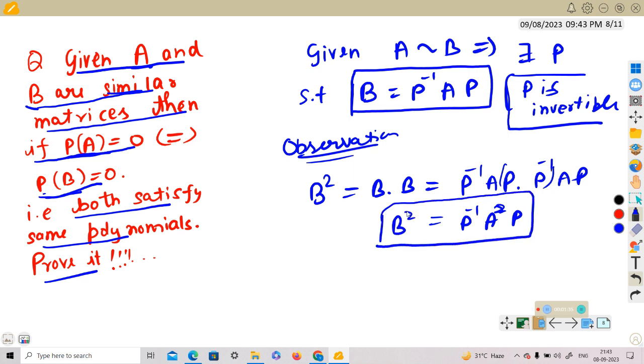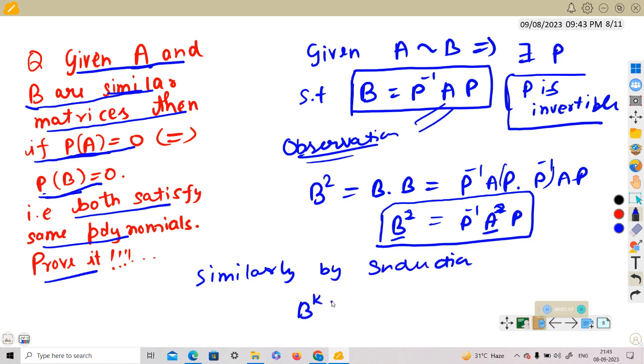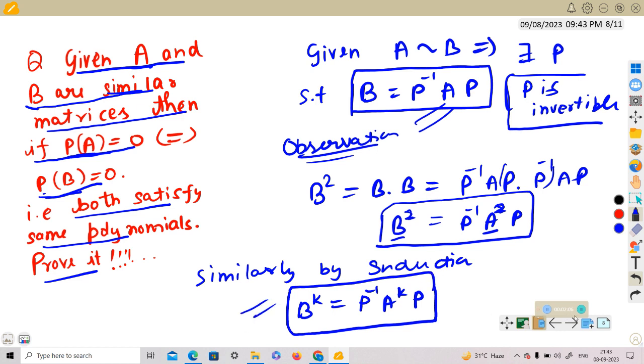So one thing to observe is that the power we take of B will become the power of A here. We have B is equal to P inverse AP. We get B square is equal to P inverse A square P. Similarly, by induction, B to the power K is equal to P inverse A to the power K into P. There is no issue in that.